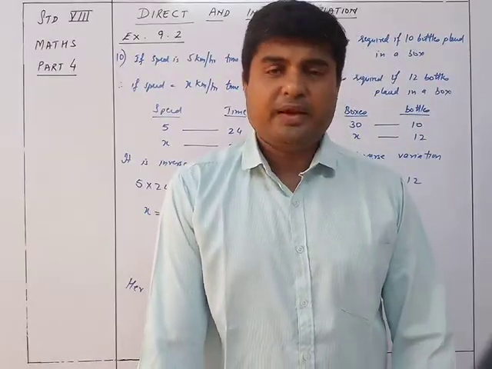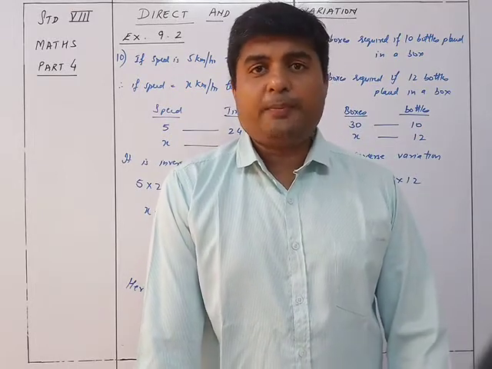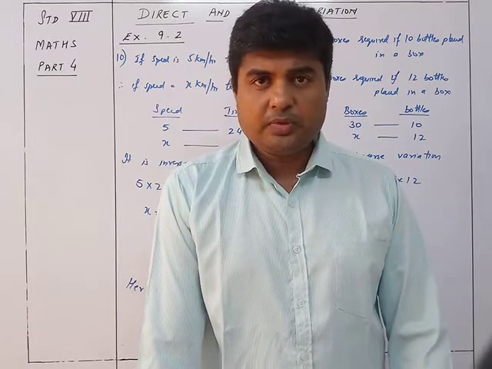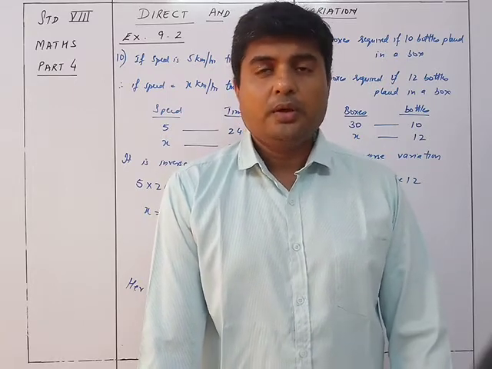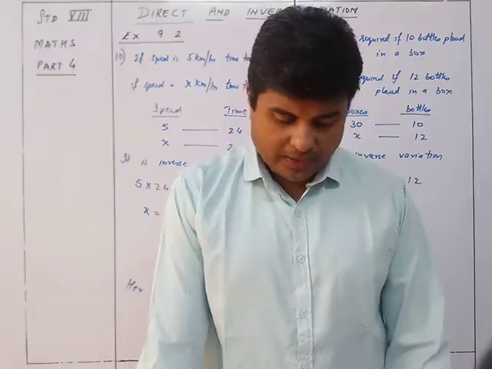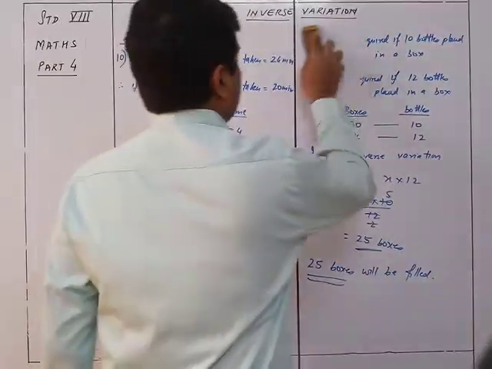Now sum number 11. Sum number 11 and 12 are tricky, so pay proper attention, because you may make mistakes in these kind of sums. So pay proper attention while you see the sums. So let's see sum number 11.